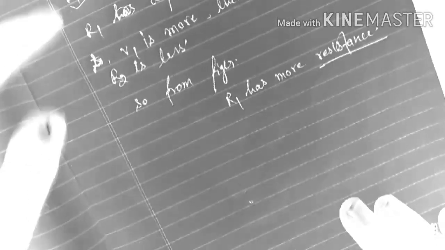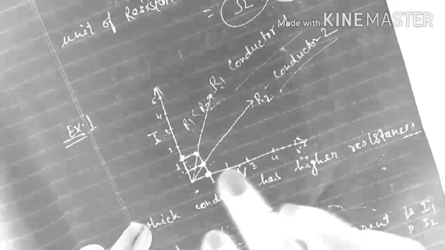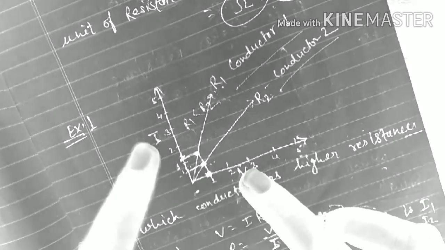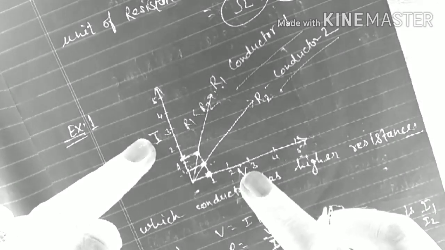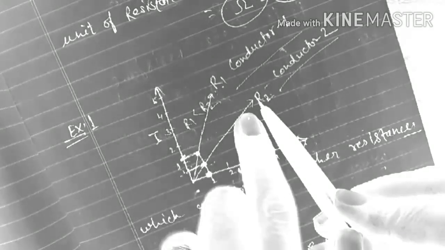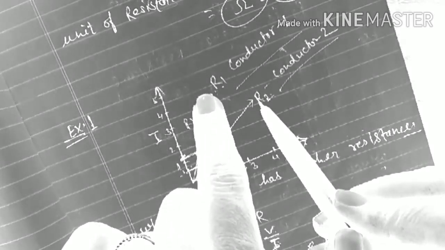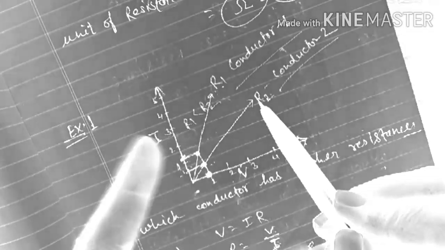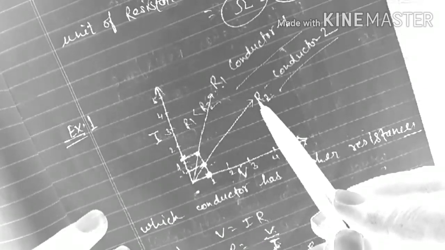Okay, so one thing is that if V is on the x-axis and I is on the y-axis, then R2 is more resistance compared to R1. But if you change the V and I, you can take it as our V, it is your I, then this is also changeable.